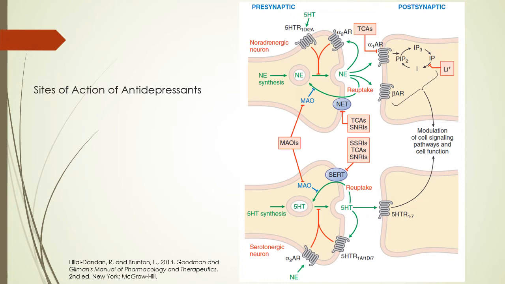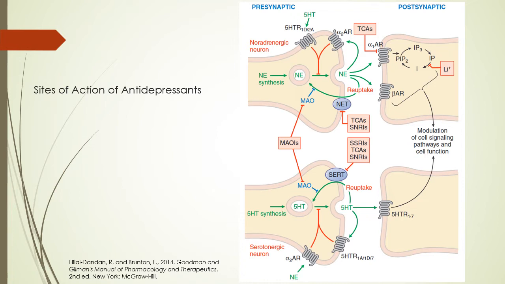So next would be the inhibition of the release of serotonin via alpha 2 and the serotonin 1A, 1D, and serotonin 7 presynaptic receptors. So again, they are inhibitory in nature.